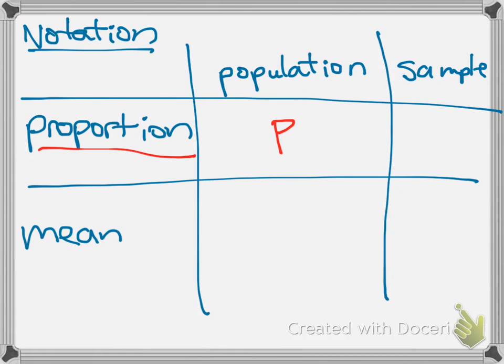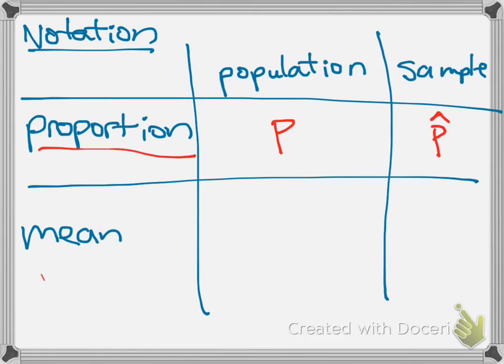When we're talking about the proportion of a sample, we will use the notation P hat. And remember that hat notation just means that it's an estimate, which makes sense because if we're talking about a sample proportion, the sample is the estimate for the population.